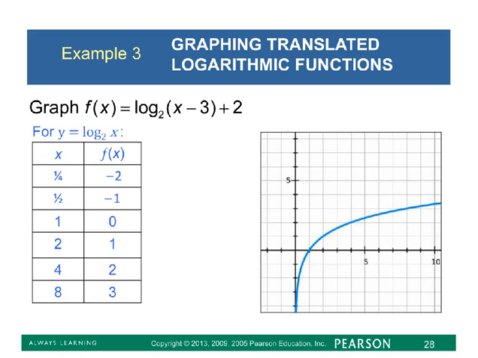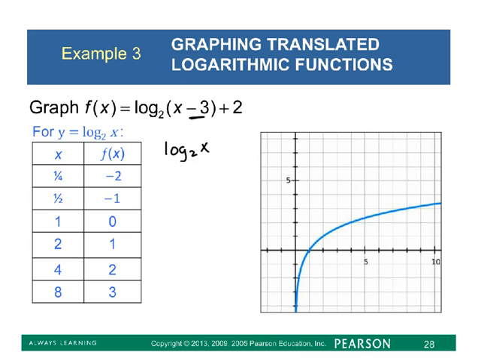So let's graph this logarithmic function real quick. I already have graphed log base 2 of x for you here. And what I want you to see is that the transformations apply here also.